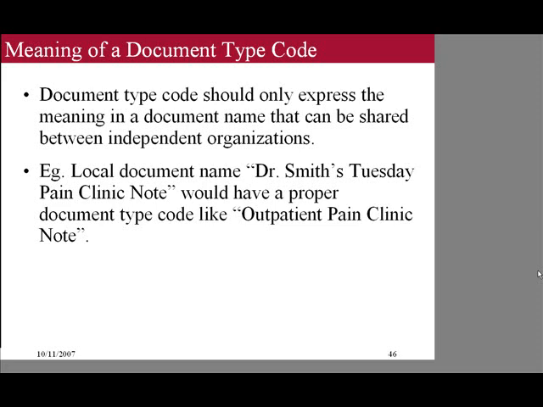So you're taking away all of those things like Dr. Smith and Tuesday afternoon, that are very specific to a single individual institution, trying to come down to the set of things that people would understand and be able to share across enterprises with these kinds of names.